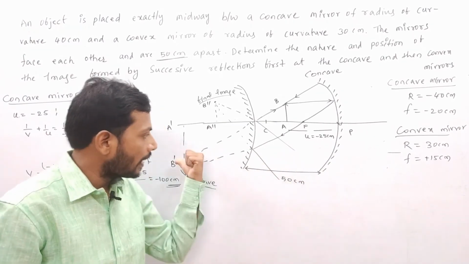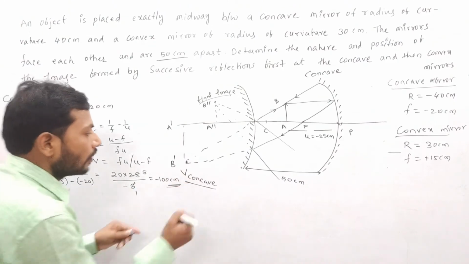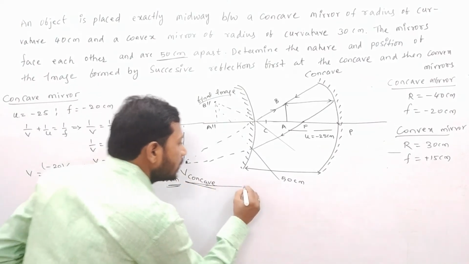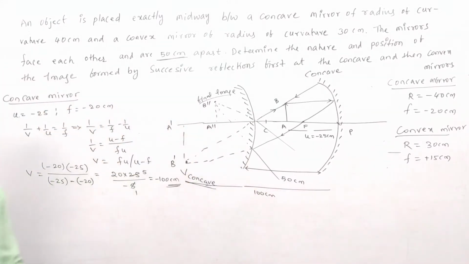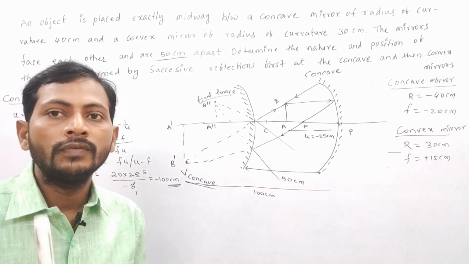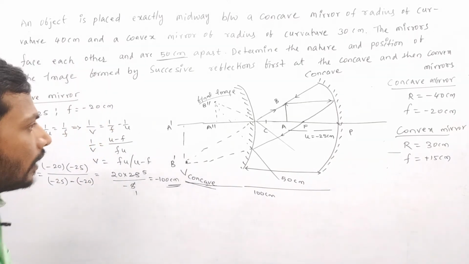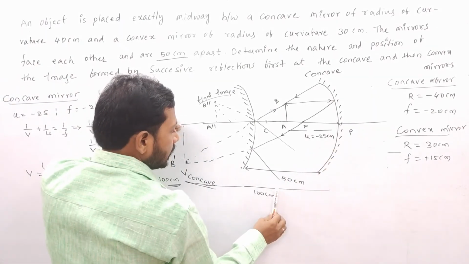Where is the image formed by the concave mirror? From here to there, this distance is 100 centimeter. Sir, from the concave mirror to this image is 100 centimeter.